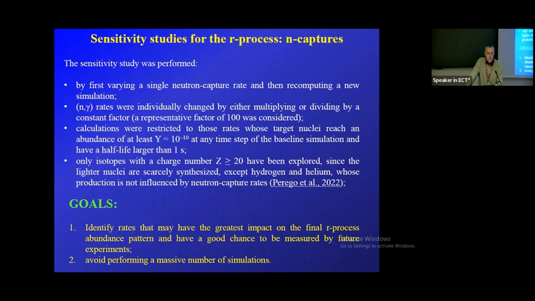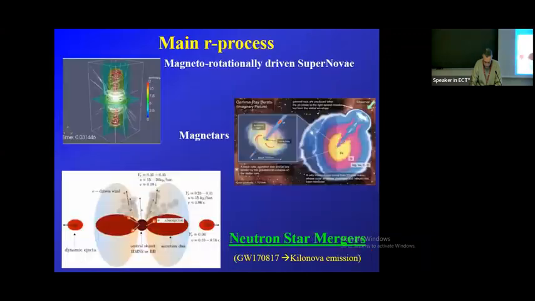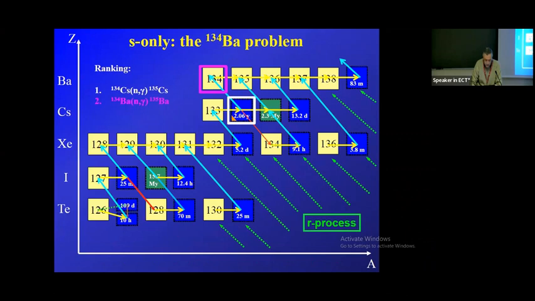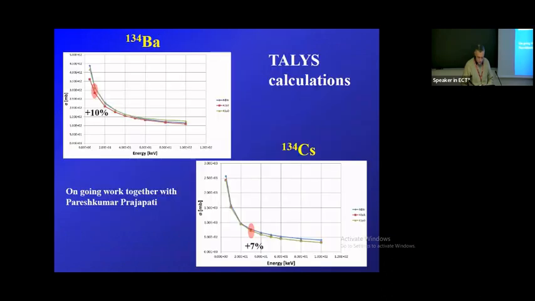Any other question? Oscar. It's a simple question. I don't know if you have the answer, but maybe someone else. Could you show the barium 134 and gamma plots that you have shown? No, the plot of the Maxwellian average. This one.